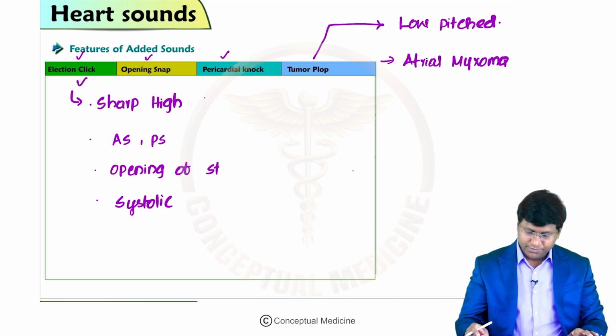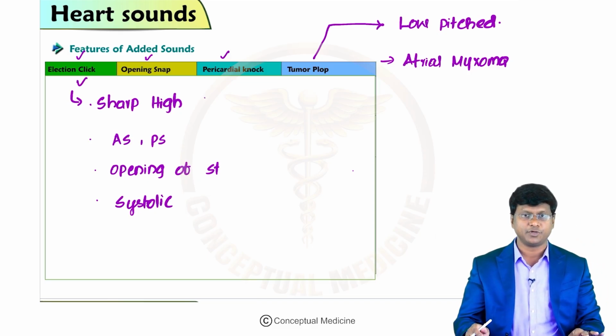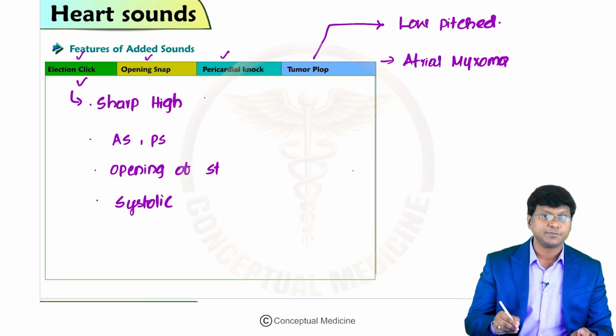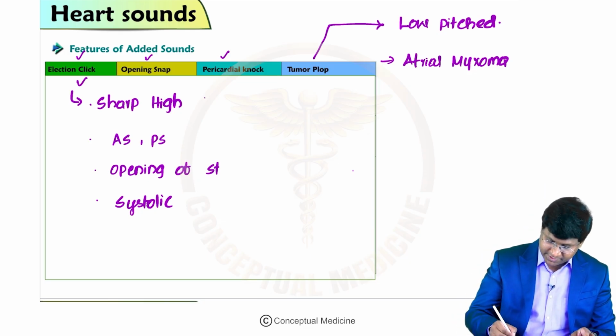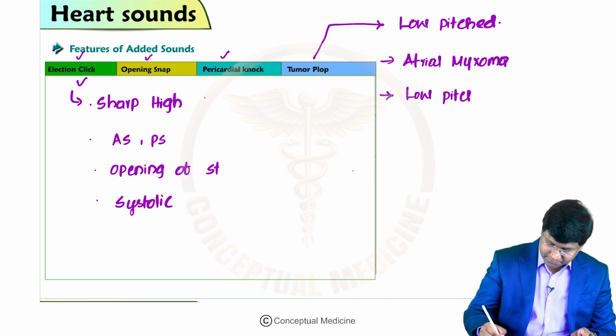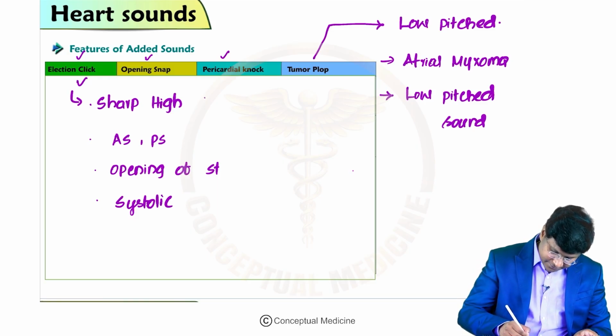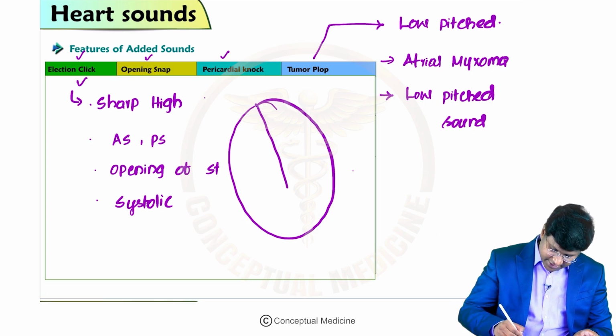Now let me explain the mechanism of the tumor plop. Tumor plop is a low pitched sound. Now you see here, consider a 4-chambered heart.